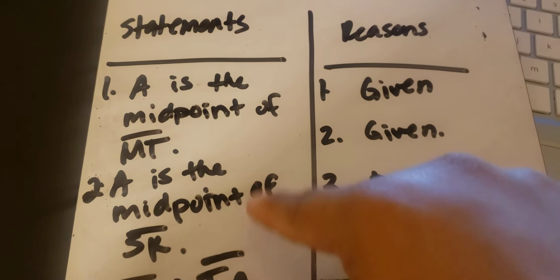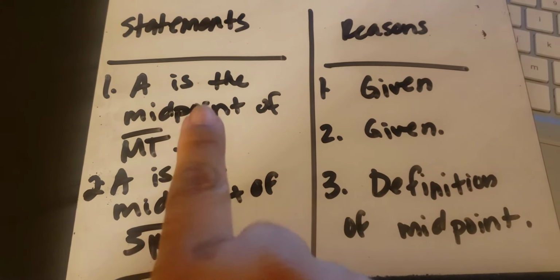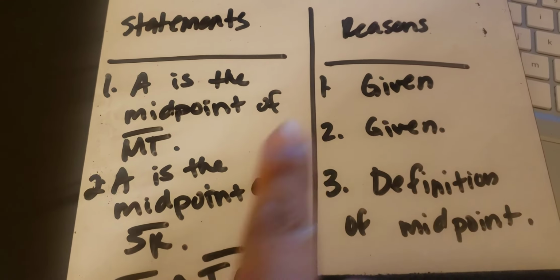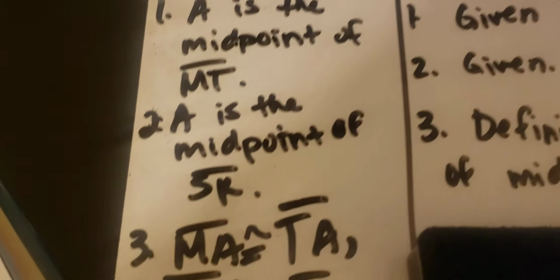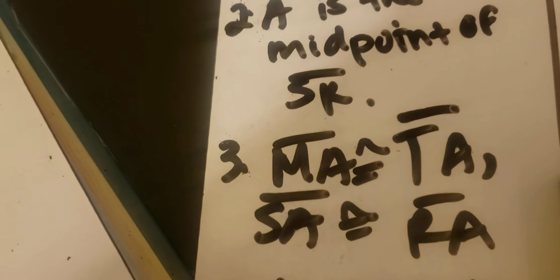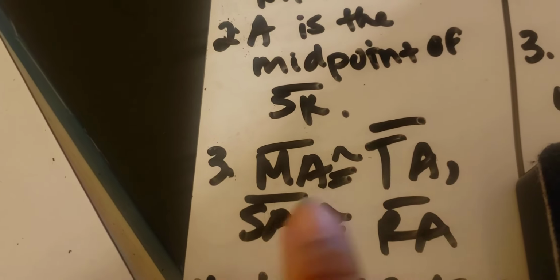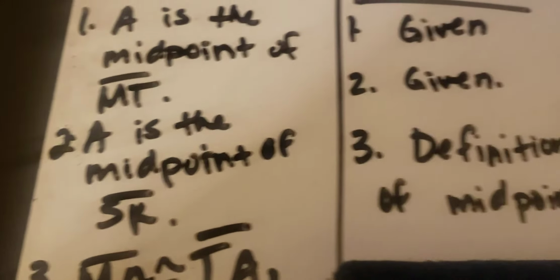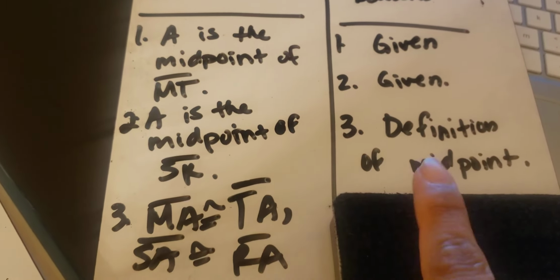So you can either combine these 2 statements and make it into one, or write them separately. I just wrote them separately. So I have statement 1 and statement 2, but both my reasons are given. Okay. Remember, I was able to come up with this 3rd statement because of definition of midpoint. Because of the first 2 statements, I was able to say that these 2 segments were congruent, and that's definition of midpoint. So far I have 3 statements, 3 givens.